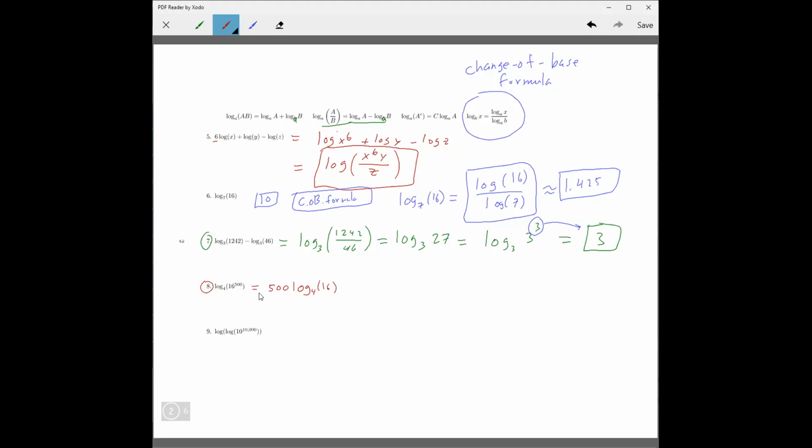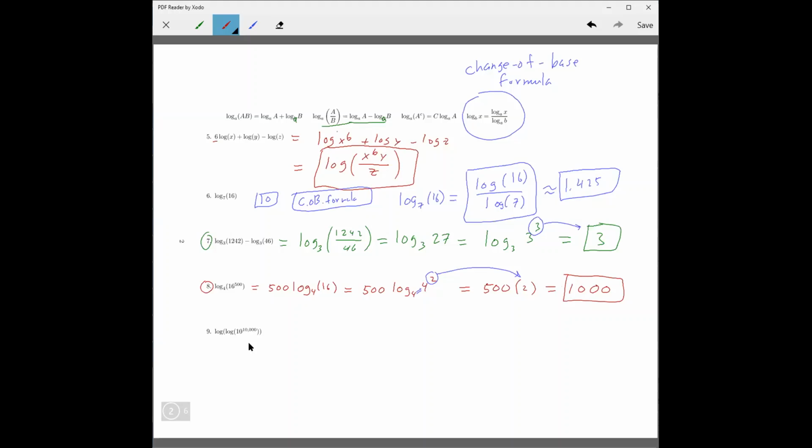And then 16 is 4 squared, so all this is just 2. It's just this piece here, because these are the same. So the answer to that one is 1,000.